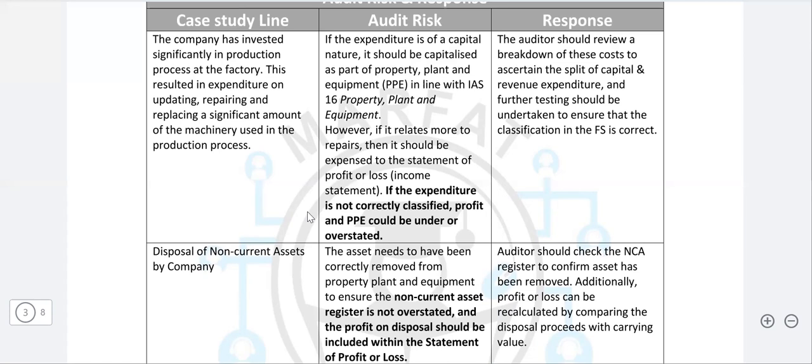Now, the expenses may be misclassified as revenue expenditure may be capitalized or capital expenditure may be expensed out, resulting in the under or overstatement of the assets and profits. So the first step is to bring the financial statement perspective, the accounting treatment, in your mind, and then the risk is the opposite. Then you need to tell the impact on the financial statements as well. For example, if the expenses are misclassified, the assets and profits may be under or overstated.